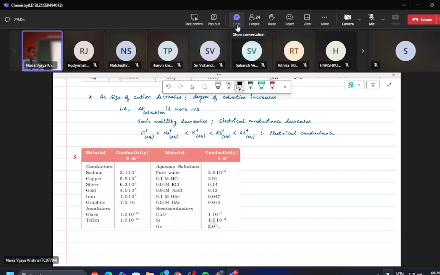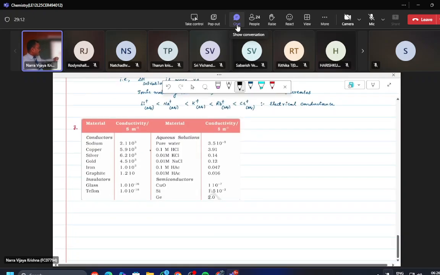Among metals, observe which has more electrical conductance. All these are metals only. Of course, graphite is a non-metal, but in graphite also electrical conductance is there due to movement of electrons within the layer, not between the layers, correct? Already we discussed this point in the 4th group elements.